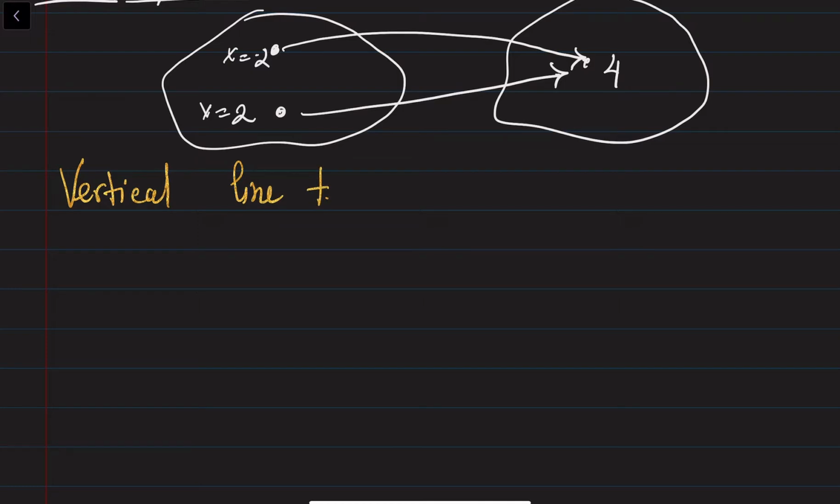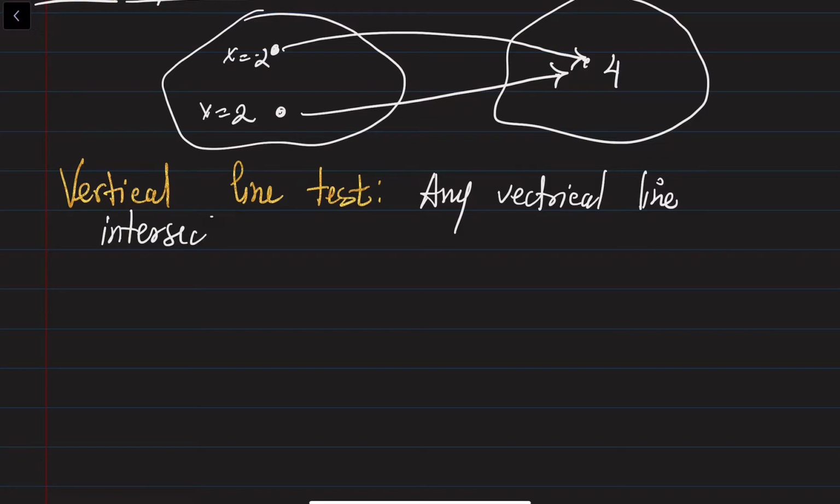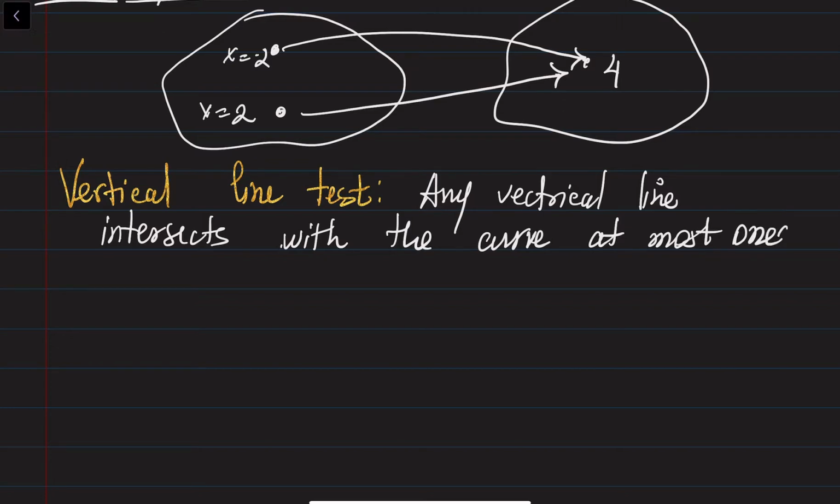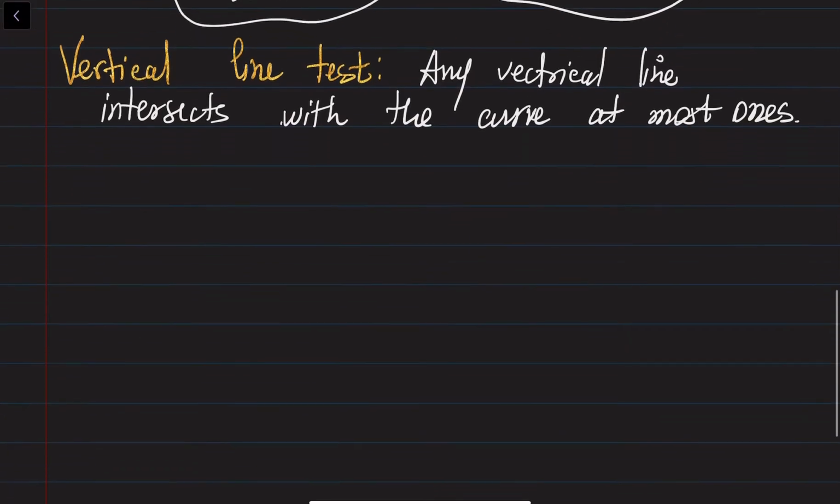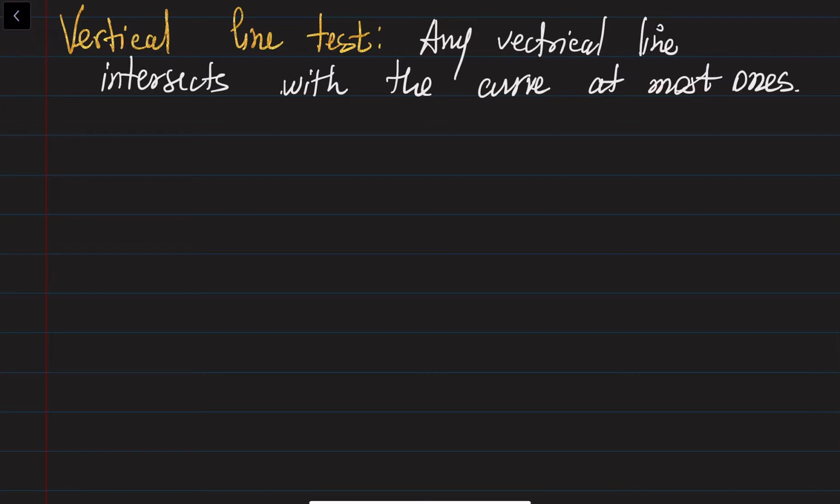Graphically, you can check this: any vertical line should intersect with the curve at most once. If this condition is fulfilled, then you've got a function.